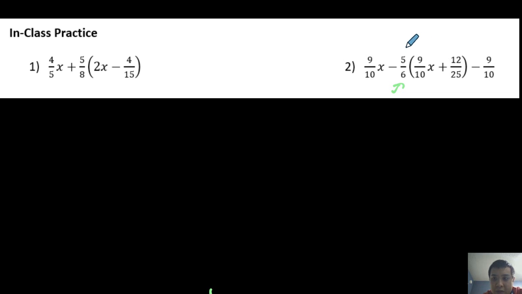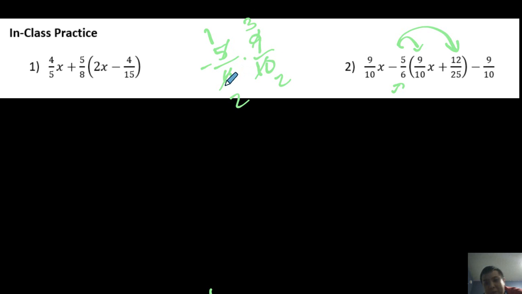Oops. Right here. So we got negative 5/6 times 9 over 10. Again, we can cross cancel, because 5 goes into both 5 and 10, 3 goes into both 6 and 9. So when we multiply that out, we get negative 3/4.